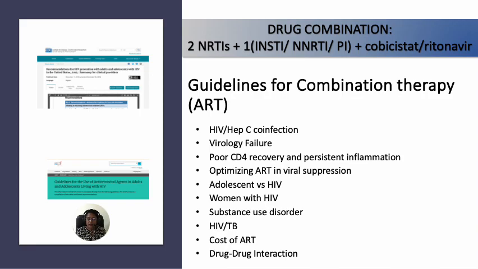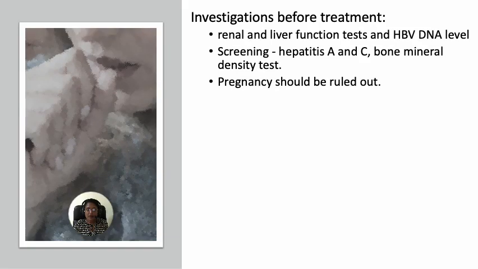So let's go back to our case. In order to treat this patient, we need to do a few investigations. And I mentioned before liver function tests. So we have to assess her. Renal and liver function tests would be done.